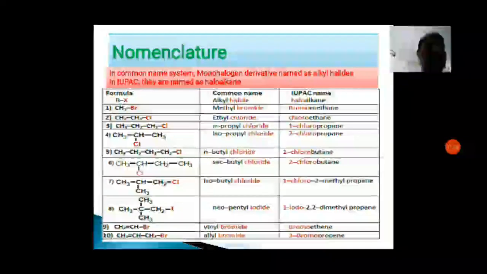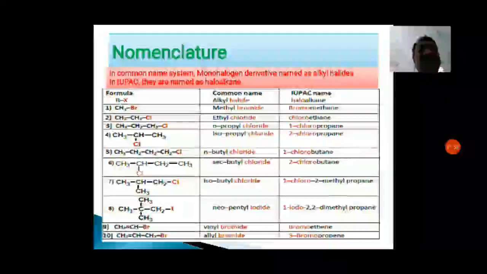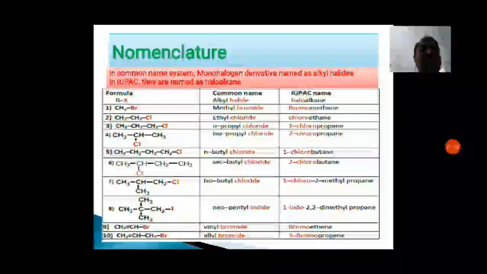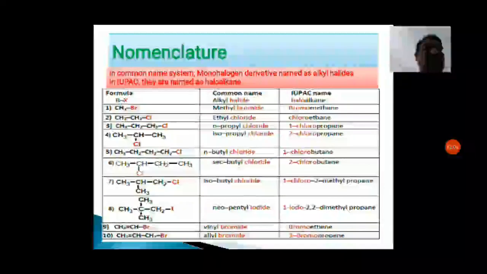And for its IUPAC name, here again we consider the longest chain. We can see that the longest chain is of 3 carbon atoms and its corresponding alkane is propane. Therefore from the right hand side carbon atom we can start the numbering.